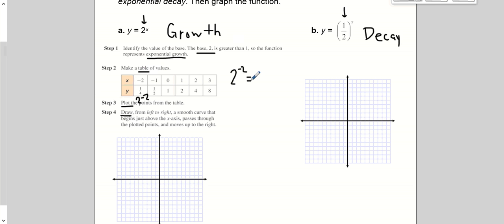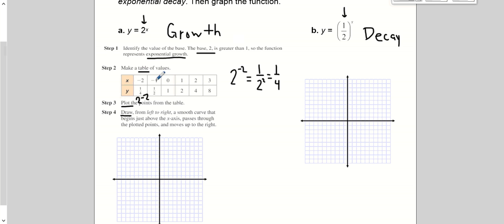Well, negative exponents give us reciprocals. So to rewrite this with a positive exponent, we would write it as 1 over 2 to the positive 2 power, and then 2 squared is 4. 2 to the negative 2 power equals 1/4, and that's what's in the table.